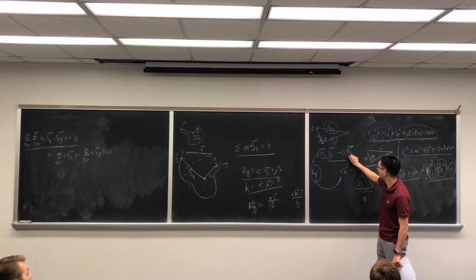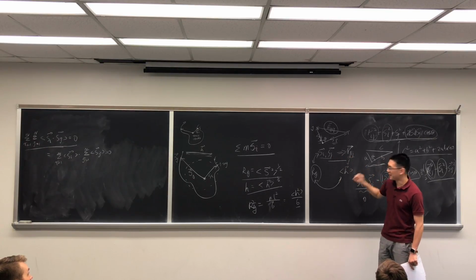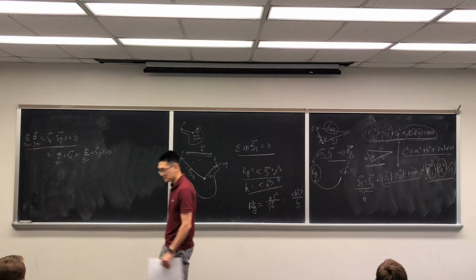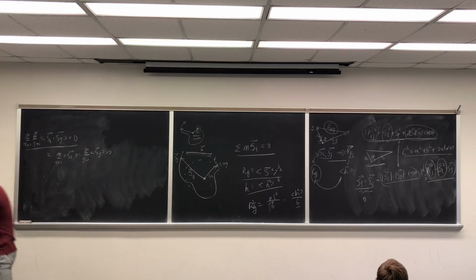If we can link these two, now we can talk about RG and H. Anyone have any question up to this point? All right, if not, then let's talk about this.